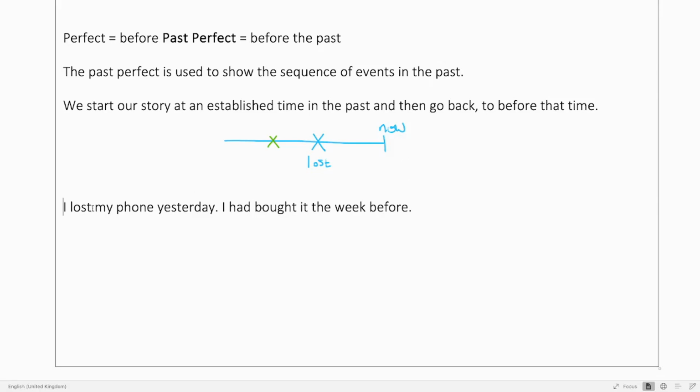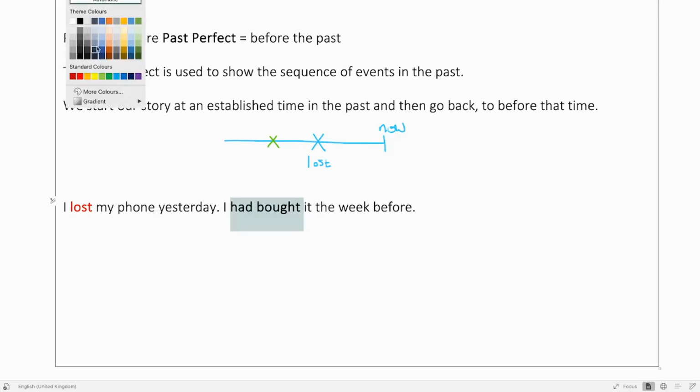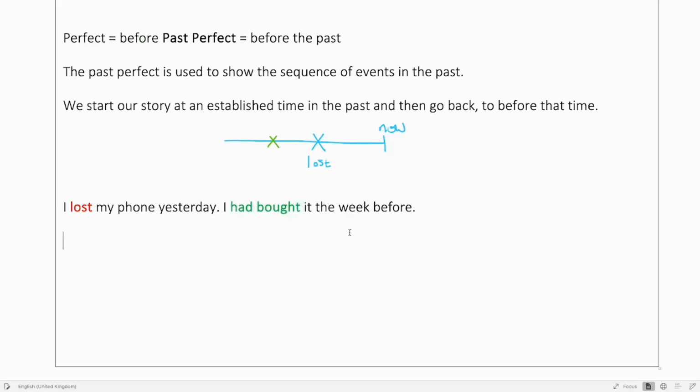Notice what's happened. I've got my past simple there. Very nice. Past simple. And I've got my past perfect. Okay, now, why? That's what you should be asking yourself. Why have I done the past perfect there?